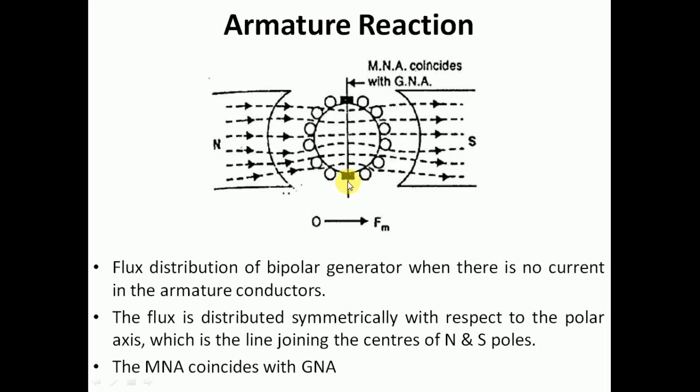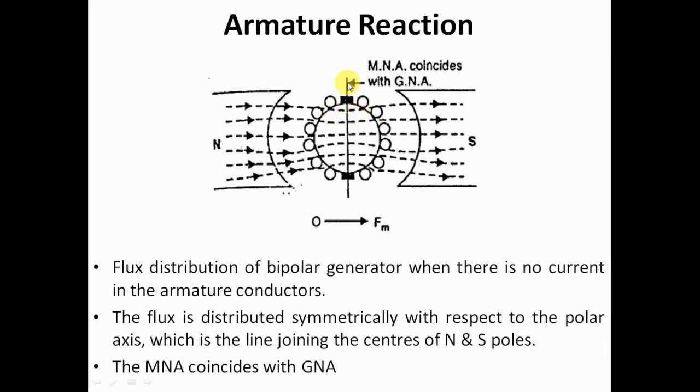These brushes always lie along the magnetic neutral axis. So you must know what is meant by a magnetic neutral axis. Magnetic neutral axis is the axis along which no EMF is generated, as this axis is moving parallel to the flux lines.